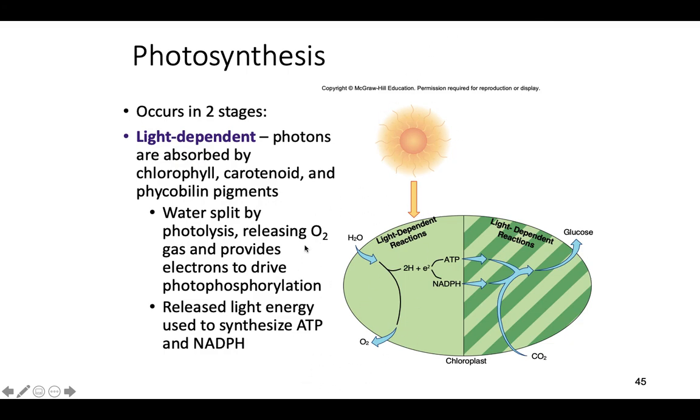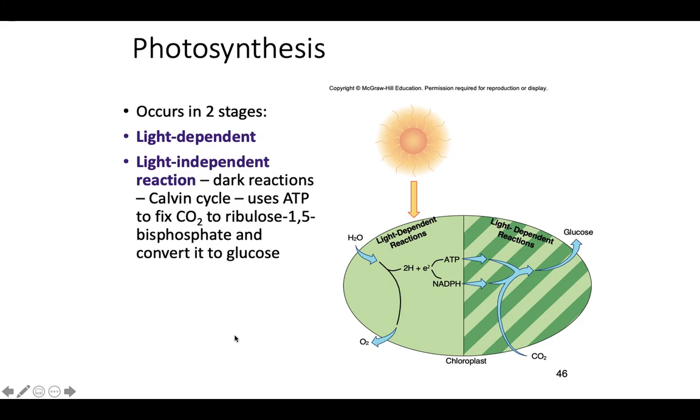The energy from those photons is going to be stored and then used to strip apart water molecules by photolysis, which means stripping water via light, releasing the oxygen gas stored within those water molecules, stripping out the hydrogens, things like that. So essentially, the light energy from all those photons is going to be captured and then eventually released and used to synthesize ATP and NADPH, which will then be used later.